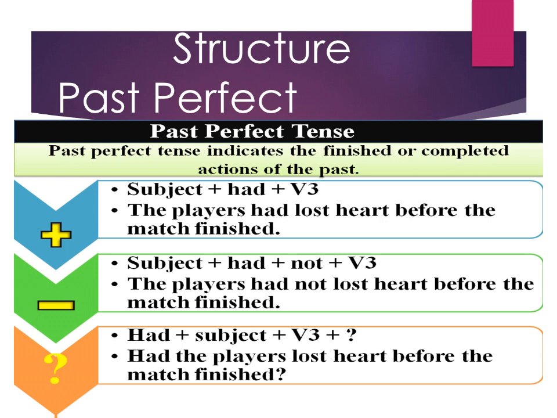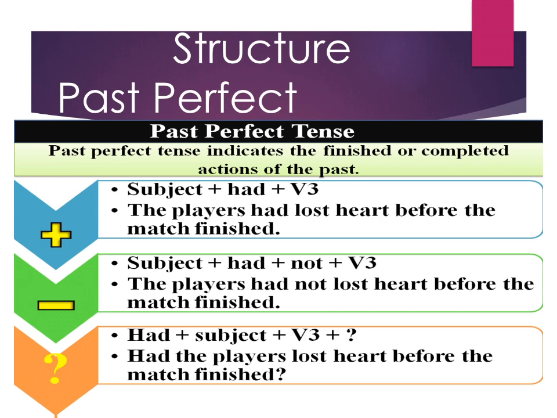This is a positive sentence. And in the negative category we are just putting not, nothing else exceptional happens. We put not, and then the sentence becomes: the players had not lost heart before the match finished. And as I told you earlier, whenever we are supposed to prepare an interrogative sentence, a question sentence, we always put the auxiliary in the beginning.